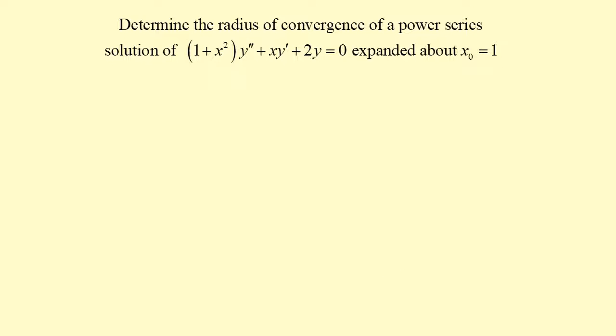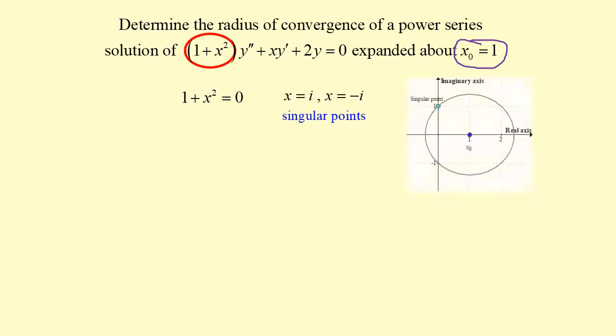Now in this one, however, the coefficient of the second derivative is 1 plus x squared. If we solve the equation 1 plus x squared equals 0, we get the two imaginary solutions, x equals i and x equals -i. So if we're expanding about x equals 1, what we need to do is find the distance.